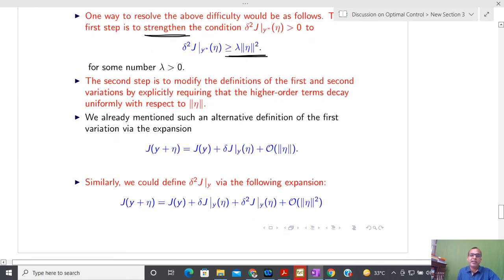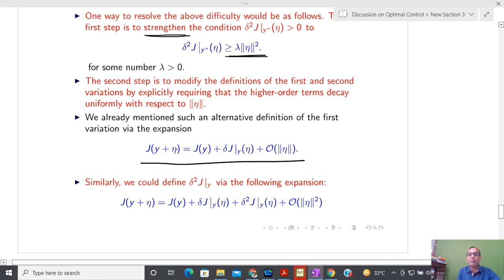Due to that reason, we have to think of something different. It is possible to show that if I replace the Gateaux derivative with the Frechet derivative, then using the Frechet derivative, I am not going to parameterize y by alpha, some scalar.